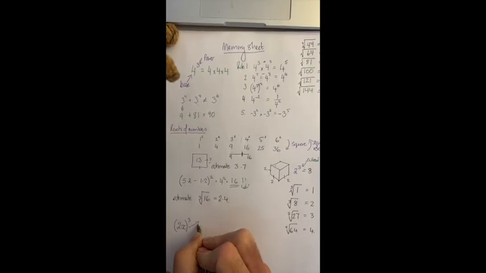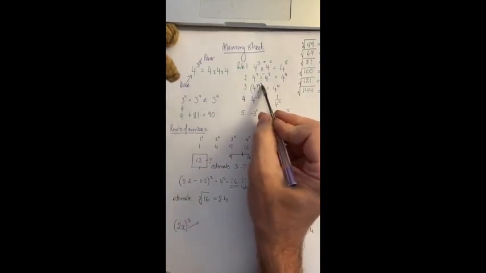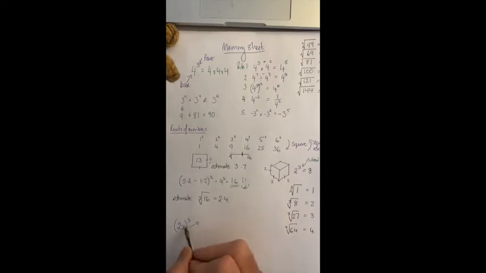Now remember what happens here. The rule here means you multiply these powers here. You don't see it as 1 here, but it's actually 1. So I'm going to do 2 to the power of 3, which is 8, x to the power of 3. And so that's where you get that one there.